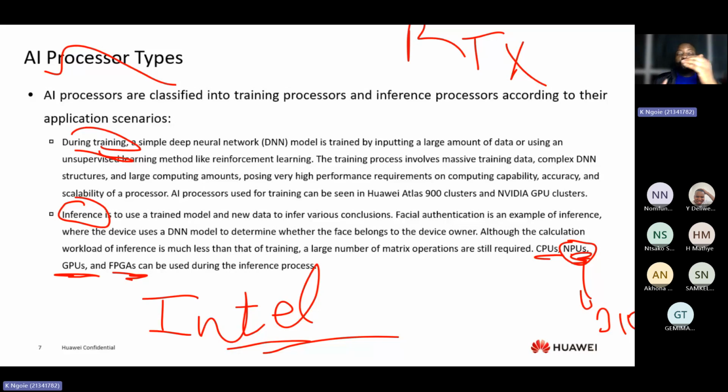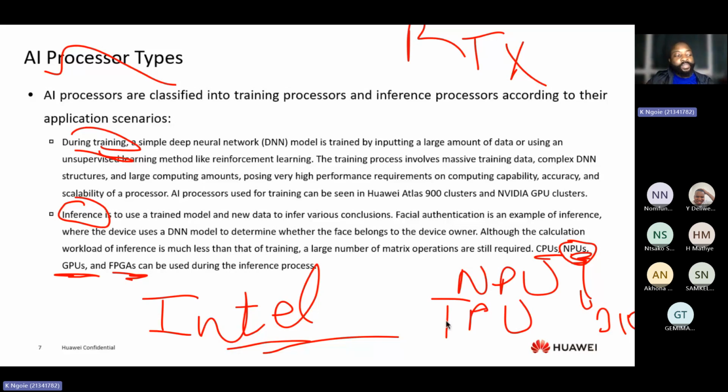But if it's done by a specific processor specialized for neural networks, such as an NPU, the neural processing unit, or the TPU, the tensor processing unit, these are specialized chips created just for AI.